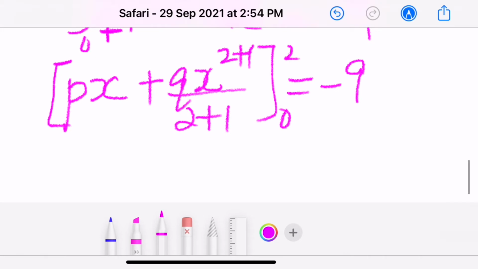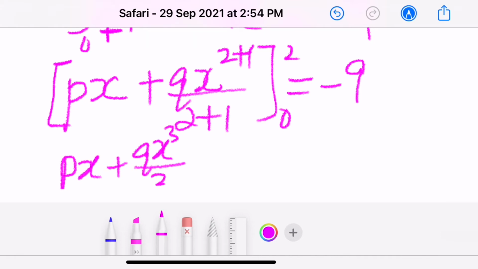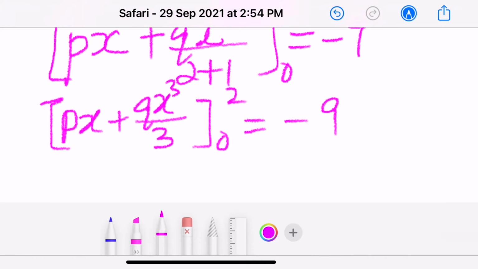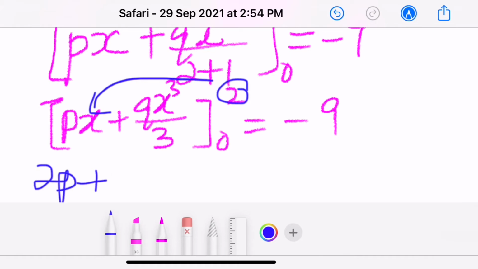So I have px plus qx cubed over 3, and I substitute the limits 0 to 2 equal to negative 9. If I substitute 2 inside here, I get 2p. Substituting 2 here, 2 to the power 3 is 2 times 2 times 2, which is 8, so 8q over 3, minus the terms with 0.